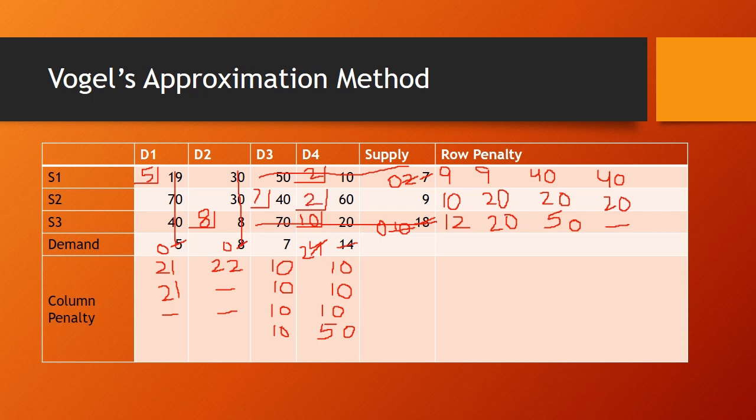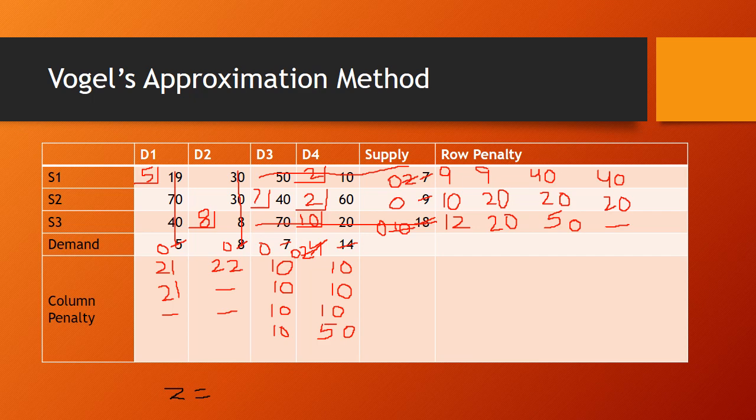Okay, so now we have filled all, our demand came out to be 0 because we have supplied everything, and our supply came out to be also 0 because we have met the supply. Now how to write the answer? The value of z, the method is the same as we wrote in the previous two methods.